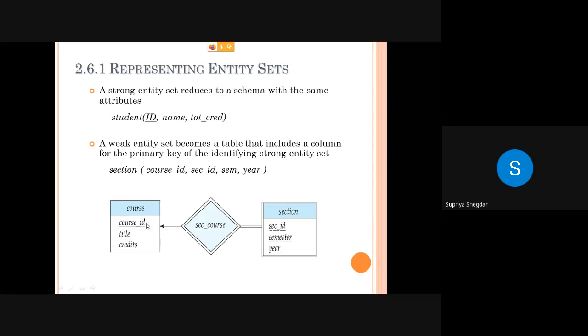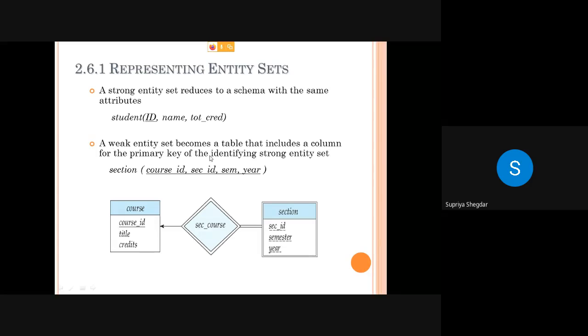Means here we can use the course ID, which is the primary key of the course, and comma section ID, semester, and the year, and we can make the whole set as a primary key. Okay, so this whole set is nothing but the primary key, and it is called the composite primary key. Means if a particular key contains more than one attribute, then it is called the composite primary key.